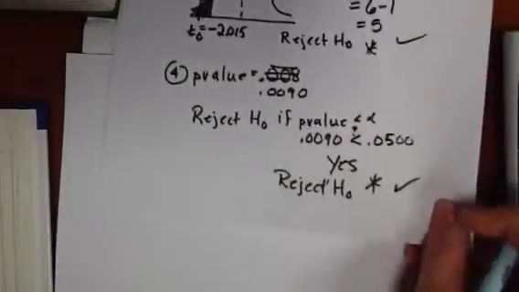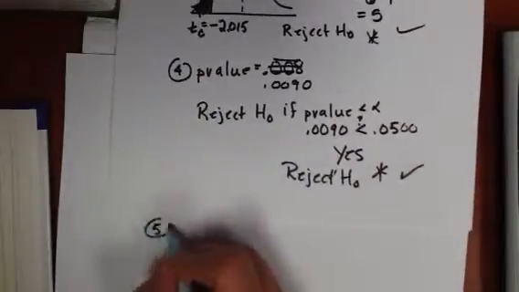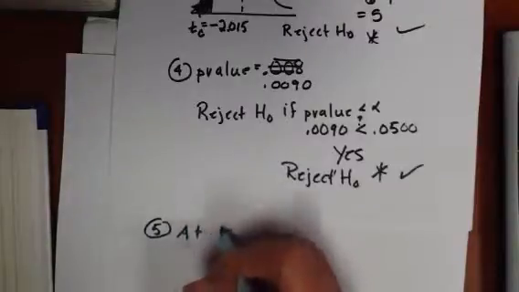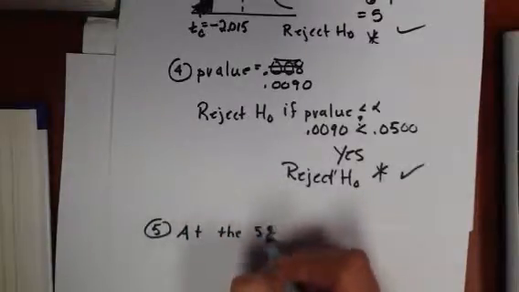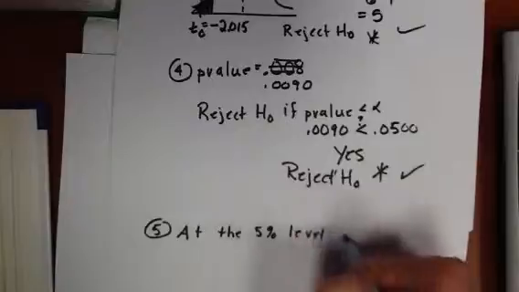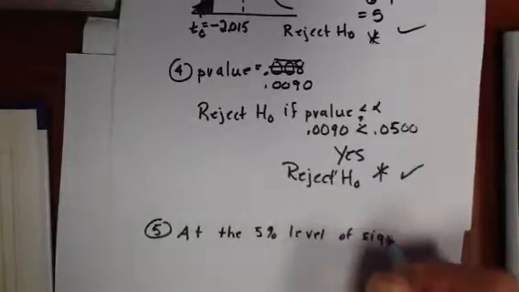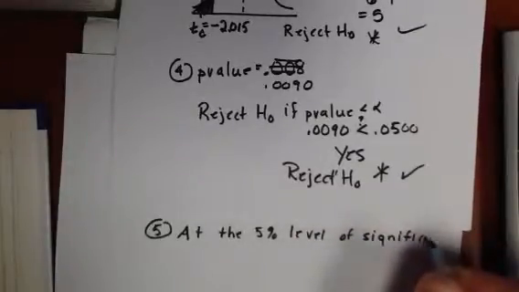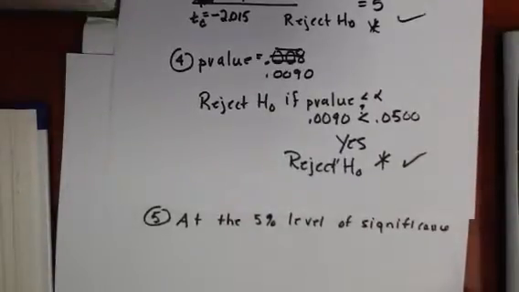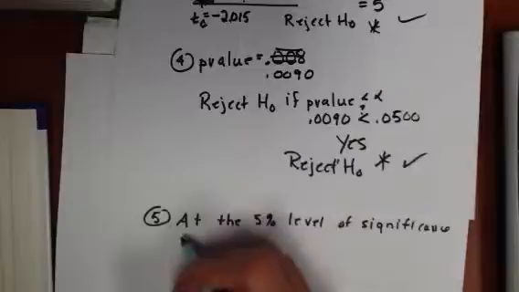Okay? Step 5 is our conclusion. At the 5% level of significance, we do or do not have enough statistical evidence to conclude the alternative. Since we rejected, we do.